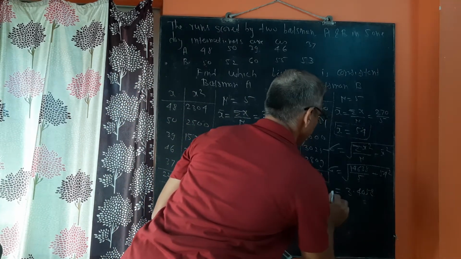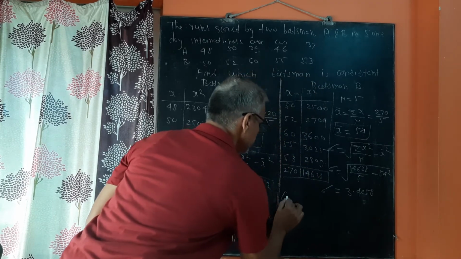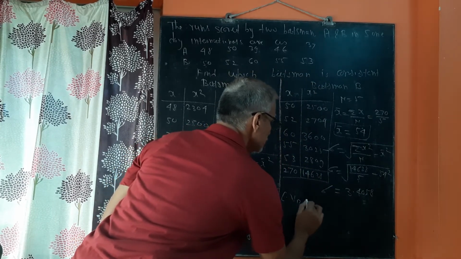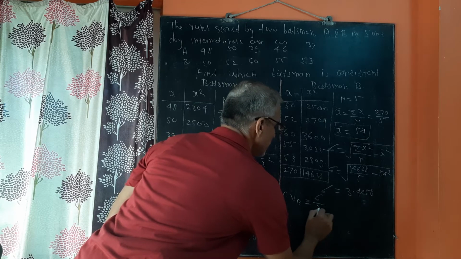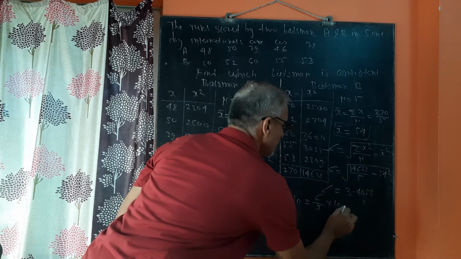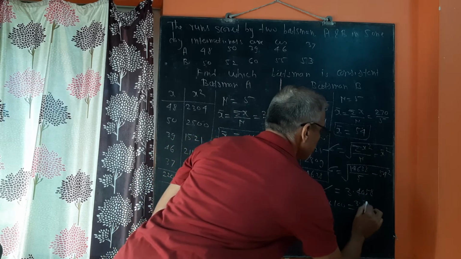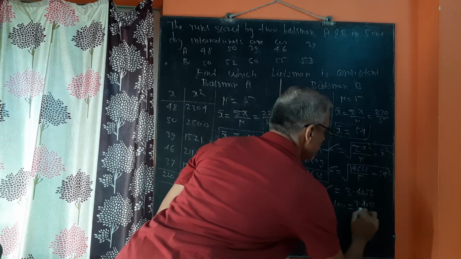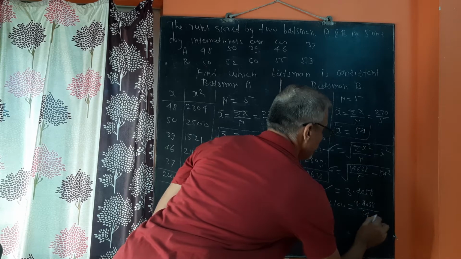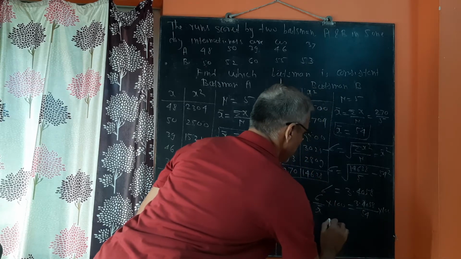3.4058 is sigma. Then CV of B is equal to sigma upon x bar into 100, that is 3.4058 divided by 54 into 100.